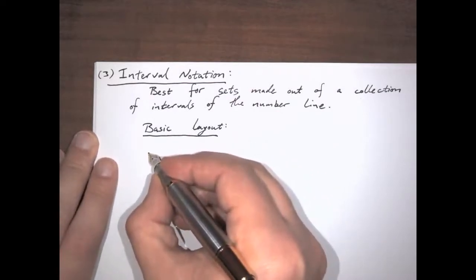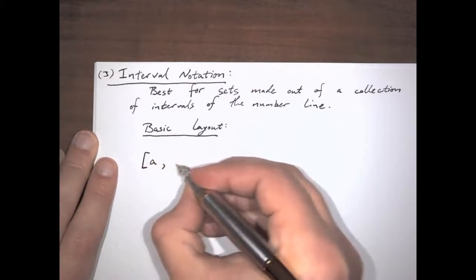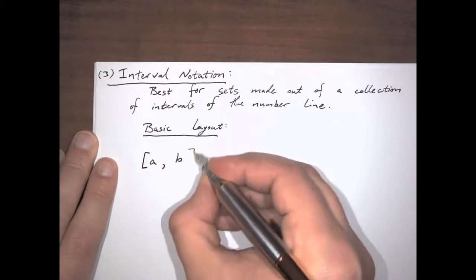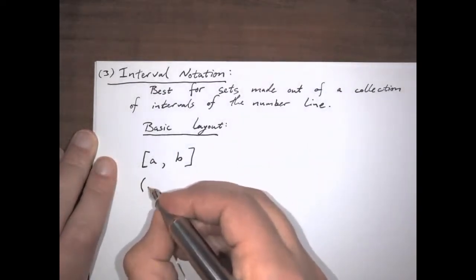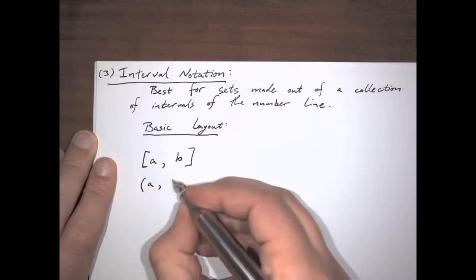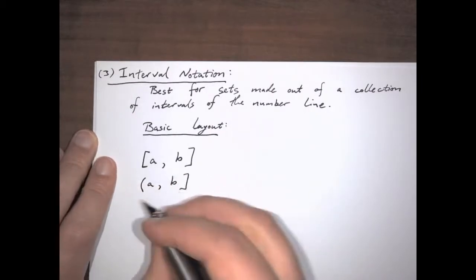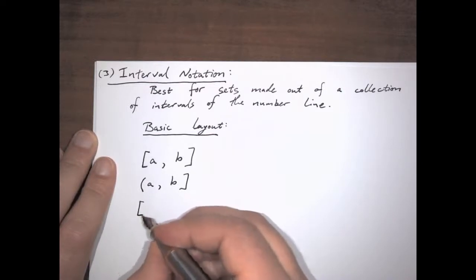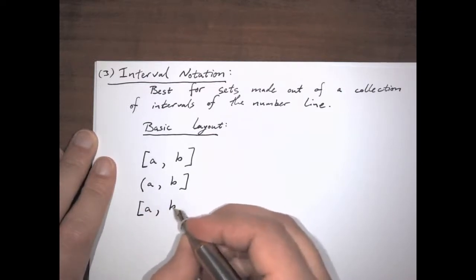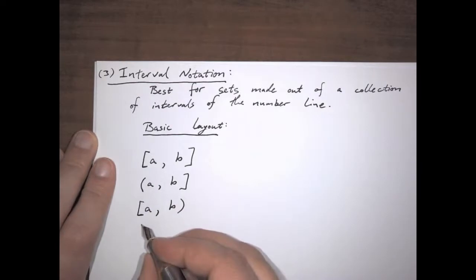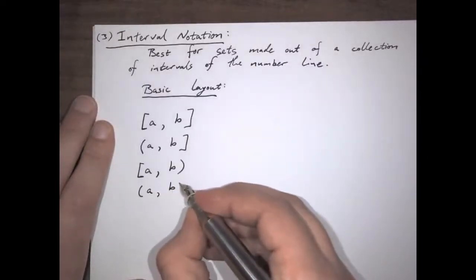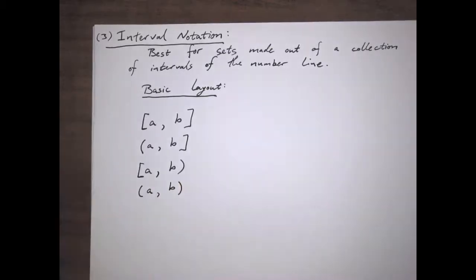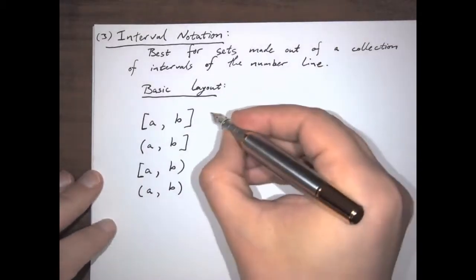We have square bracket A, B, square bracket. We can have parenthesis A, B, square bracket. We can have square bracket A, B, parenthesis, or we can have parenthesis A, B, parenthesis. And the basic meaning of each of these is the following.